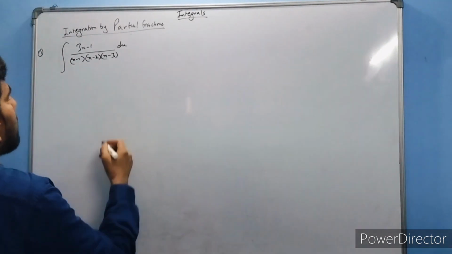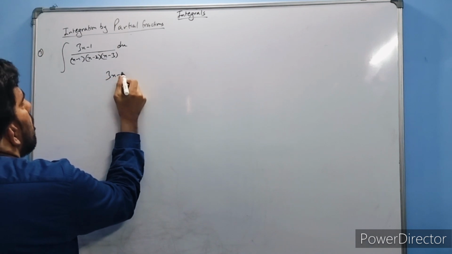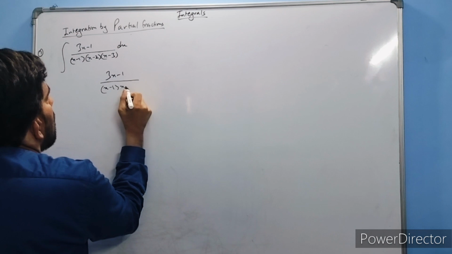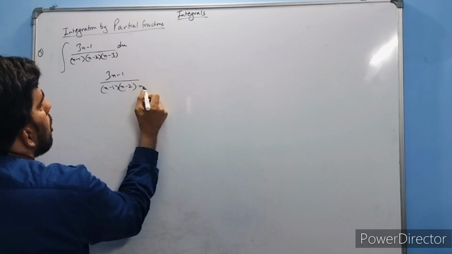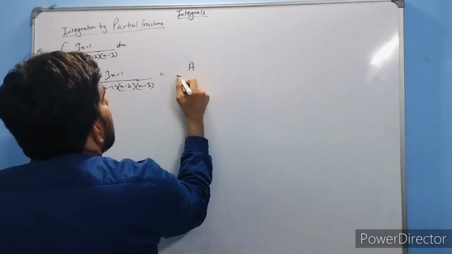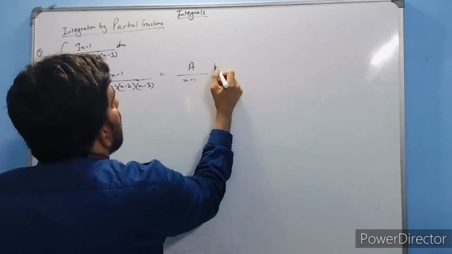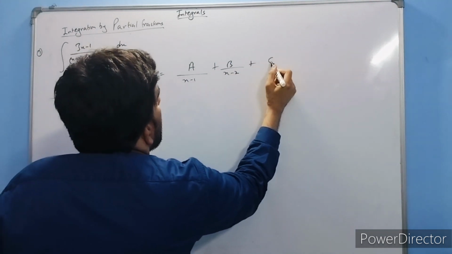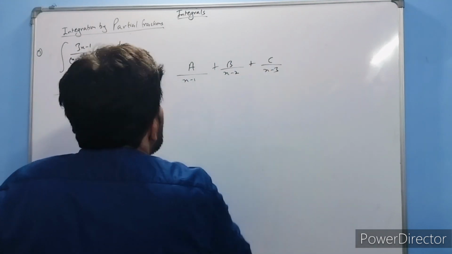Now let us see how we can solve this. We'll have here a upon x minus 1 plus b upon x minus 2 plus c upon x minus 3.